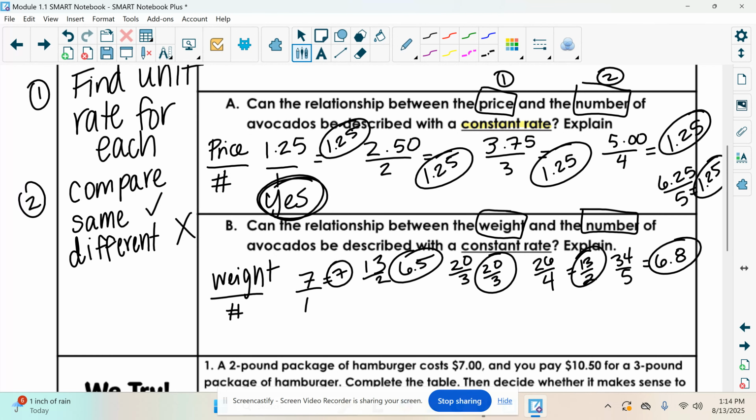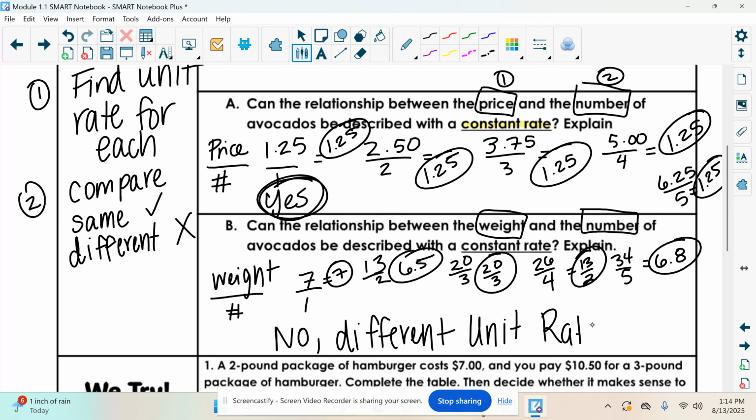They're not the same. They're not the same at all. So if we found the unit rates, and if they're different, what's our answer? No, it's not a constant unit rate. It's no. They have different unit rates.